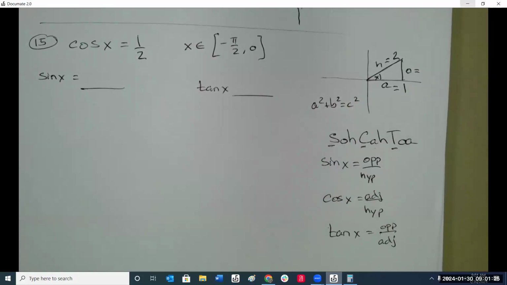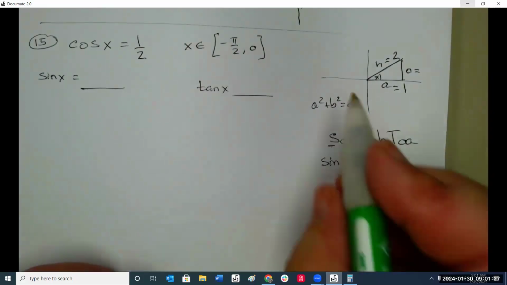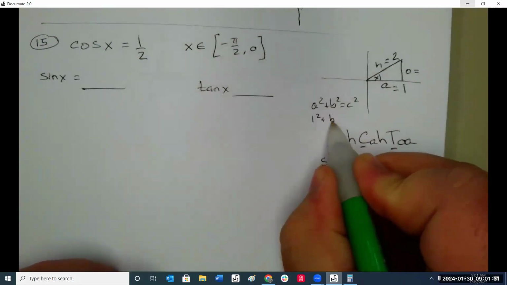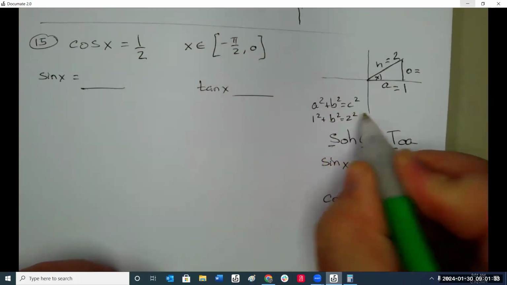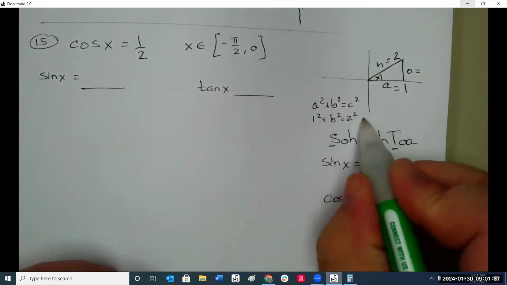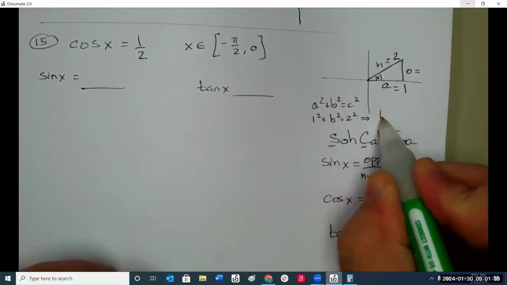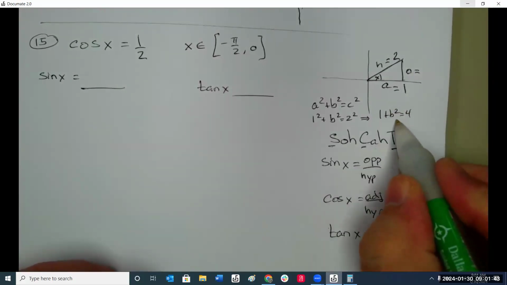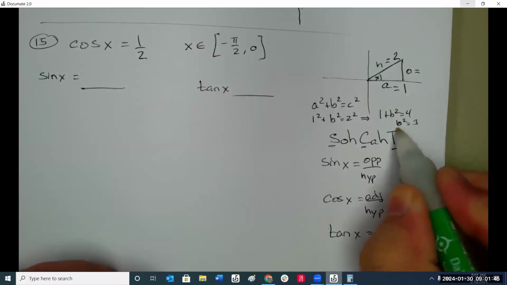Pythagorean theorem. So we have 1 squared plus b squared equals 2 squared. Which gives us 1 plus b squared equals 4. Subtract 1, b squared equals 3.